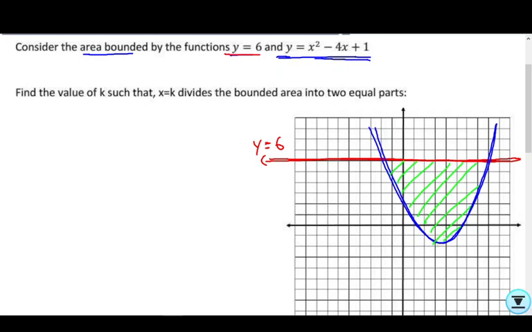Now, it says find the value of k. We use the letter k for basically just a constant. And we're going to find x equals k that divides this area into two equal pieces. X equals k is a vertical line.